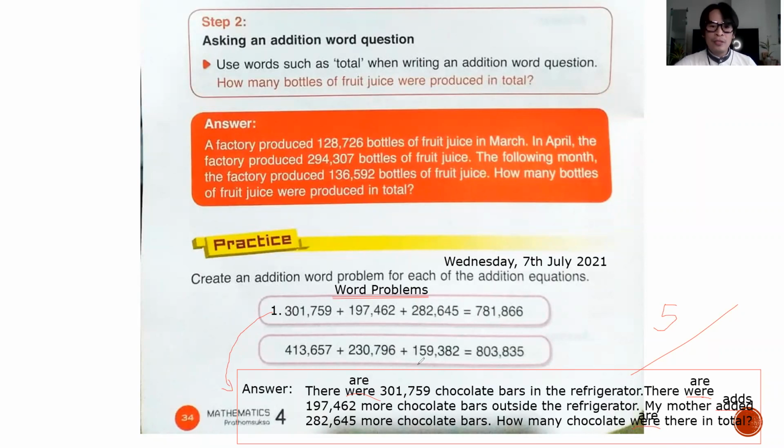But if you chose the present tense, you choose are and adds. Aside from chocolate bars, you can change chocolate bars to flowers if you want. Anything that you want. Bottles of fruit juice, chocolate bars, toys, what else? Burgers, hamburgers.